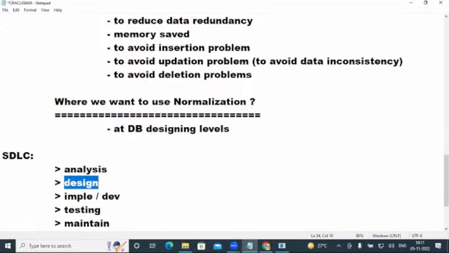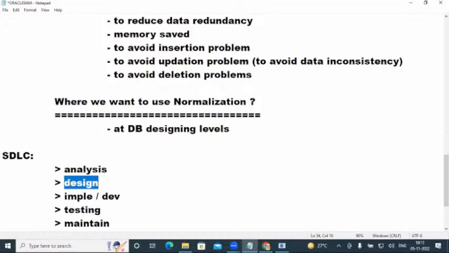That means how many tables they want, which columns should be required, which table-to-table relations are needed. All these things, they will prepare as use case diagrams.